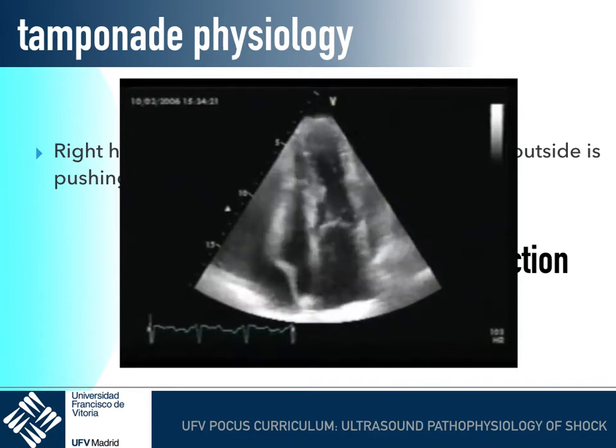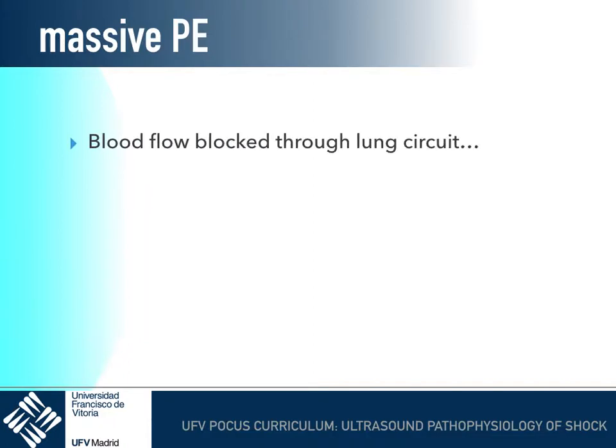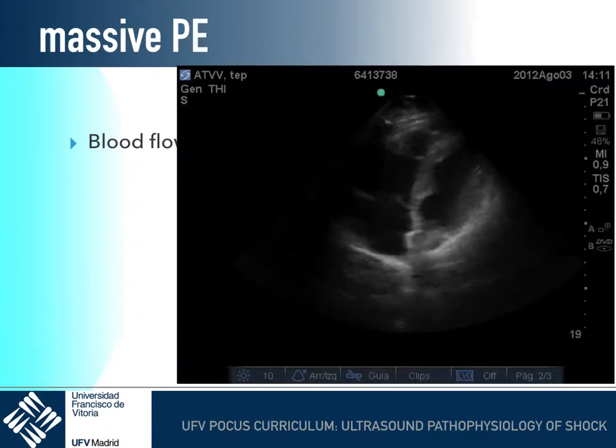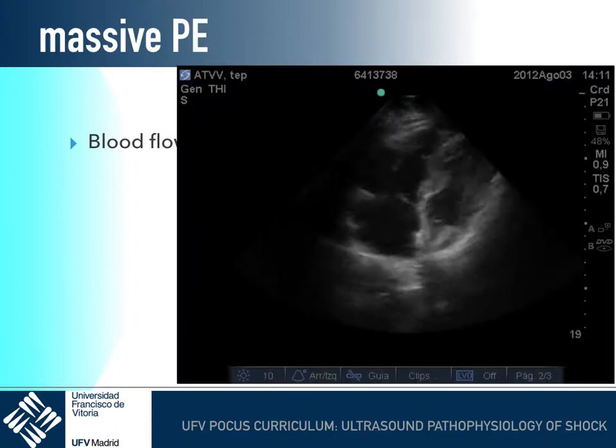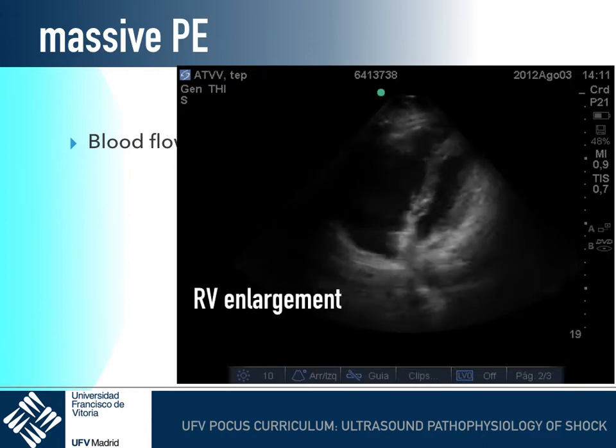For the massive pulmonary embolism, the blood is blocked inside the lung circuit. So the shock behaves similarly to tamponade, but the echo features are totally different. On the right side, we see enlargement and dysfunction.